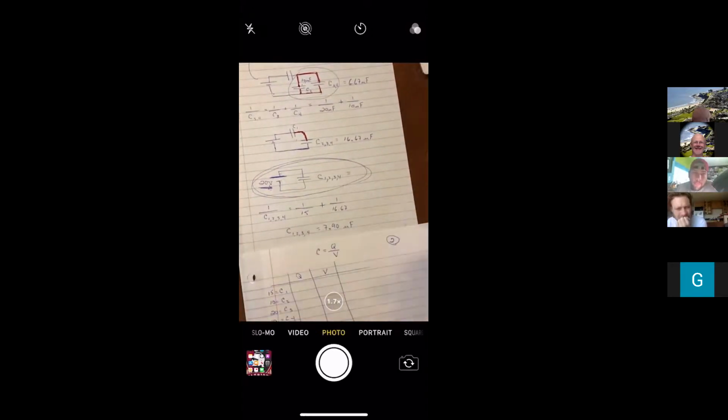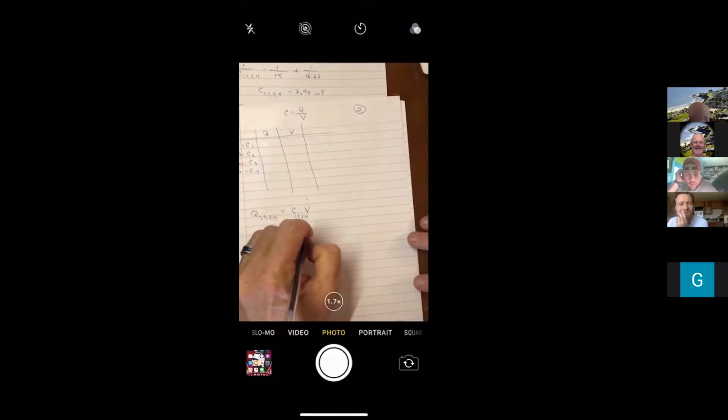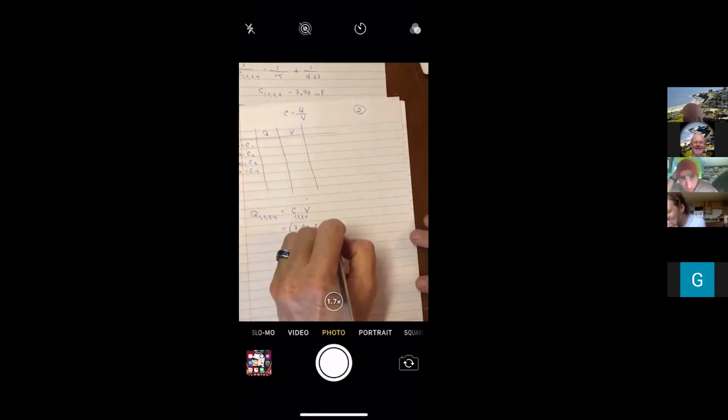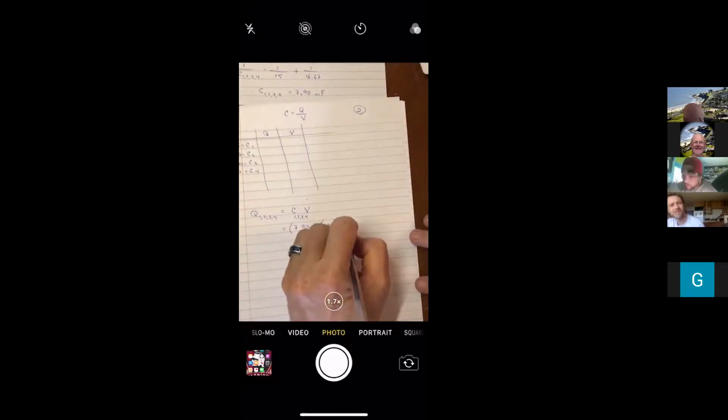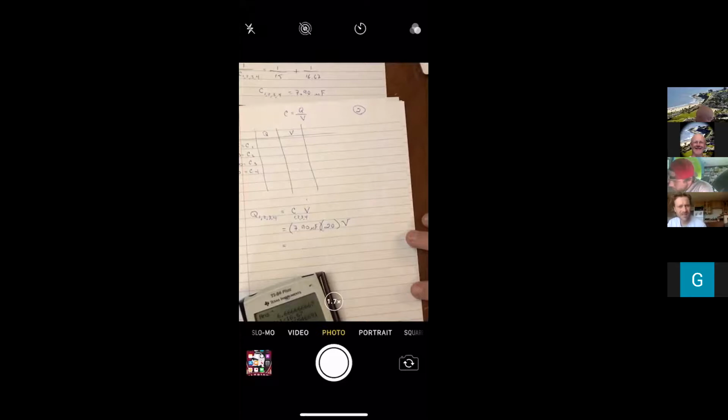So I could just take this 7.90 microfarads and multiply it by the 20 volts. And that would give me the charge. So 7.9 times 20. That's the total charge of the whole system, right?